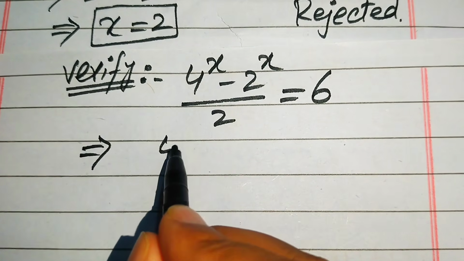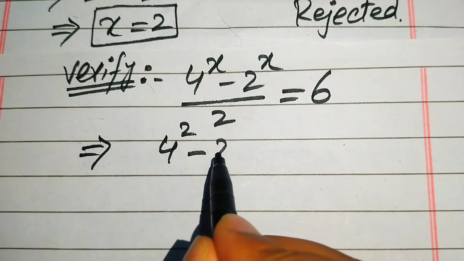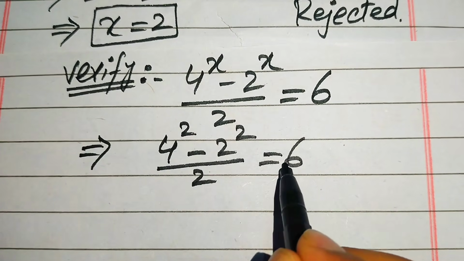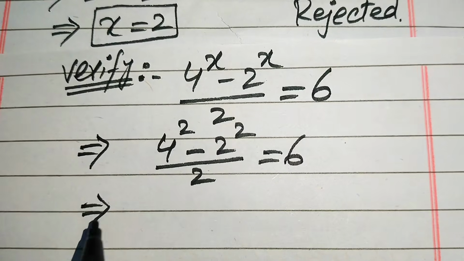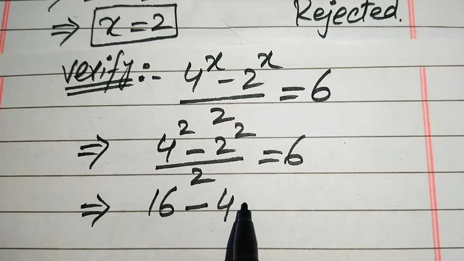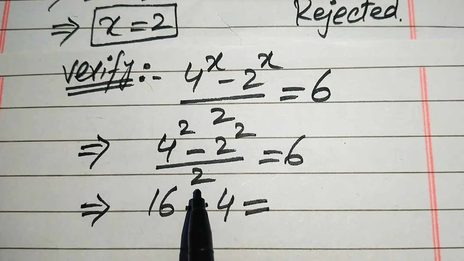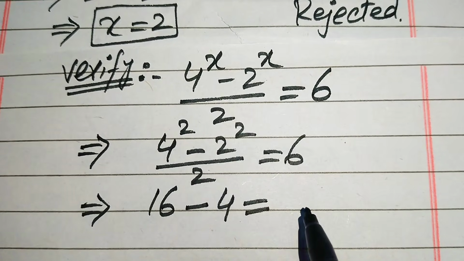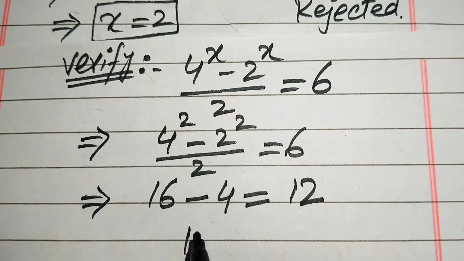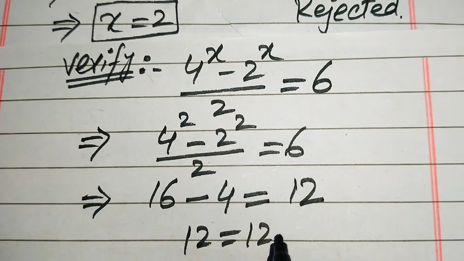And when we put it here it becomes 4 squared minus 2 squared divided by 2 is equal to 6. And we know that 4 squared becomes 16, minus 2 squared becomes 4, is equal to, we move 2 to the right hand side, and 2 times 6 becomes 12, and 16 minus 4 becomes 12, equals 12.